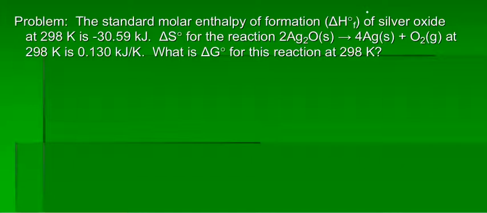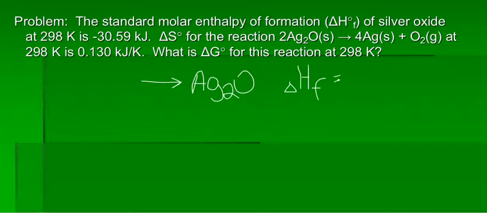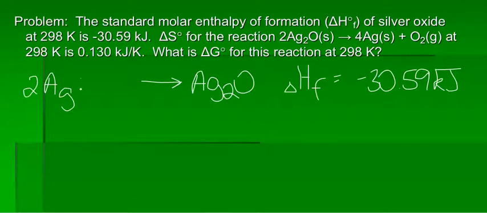I'm given the standard molar enthalpy of formation for silver oxide. So I'm told that delta H of formation is negative 30.59 kilojoules for the formation of silver oxide, which means 2 silver plus 1/2 O2.